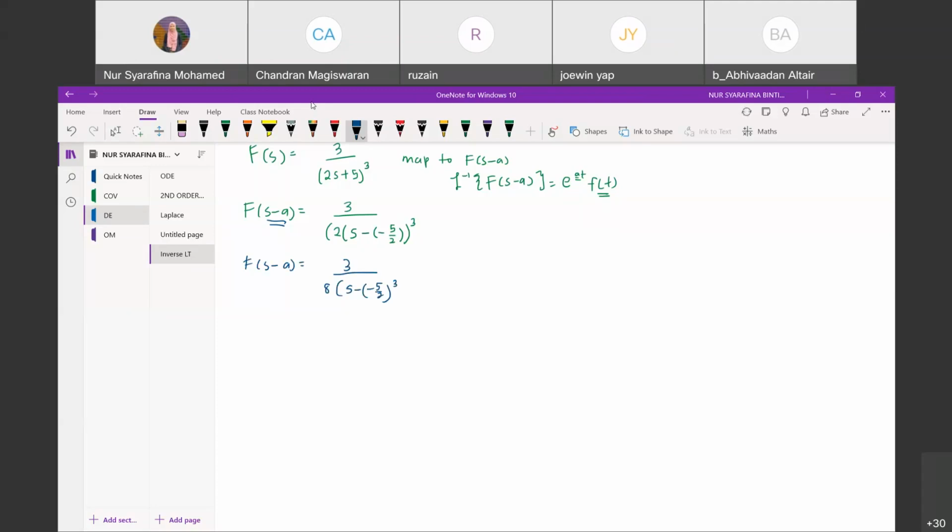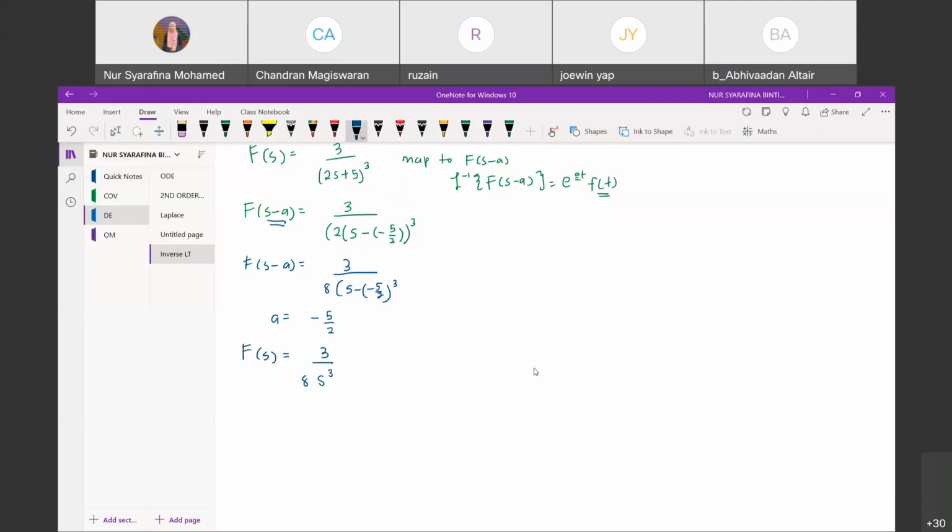So when F(s minus a) is 3 over 8 times (s plus 5 over 2) cubed, then you can know that your a equals minus 5 over 2. From here you know your F(s) equals 3 over 8 s cubed.